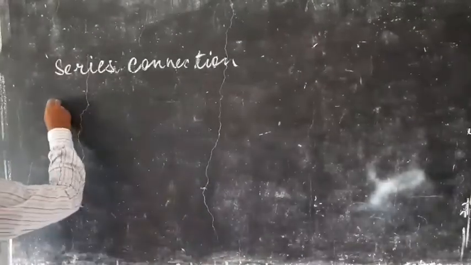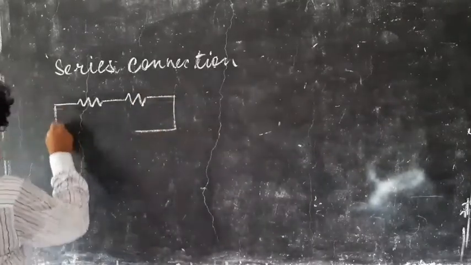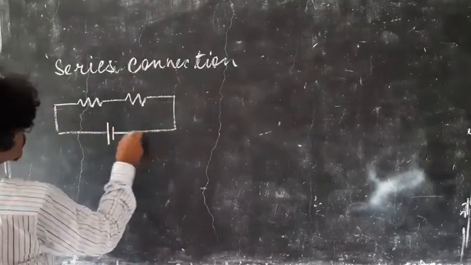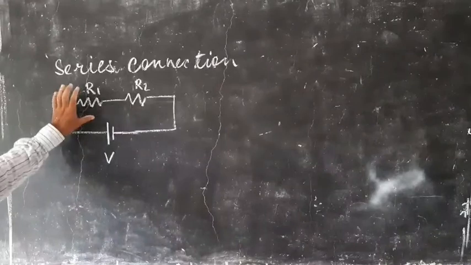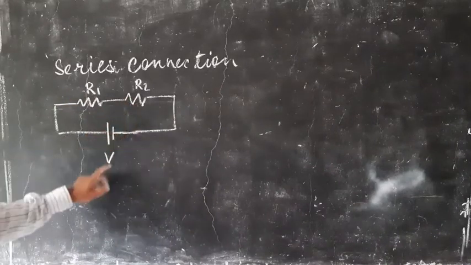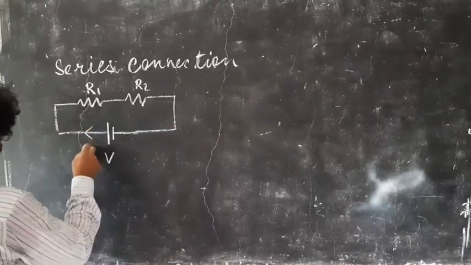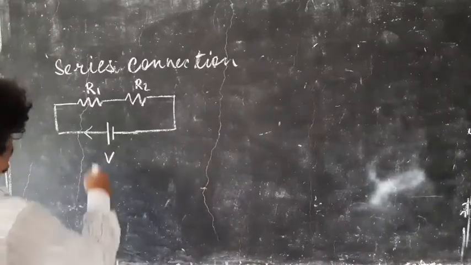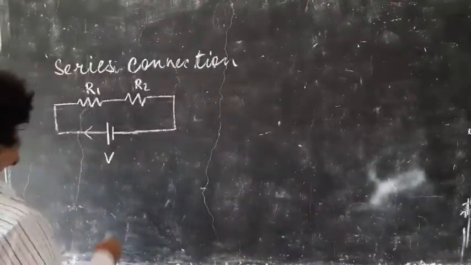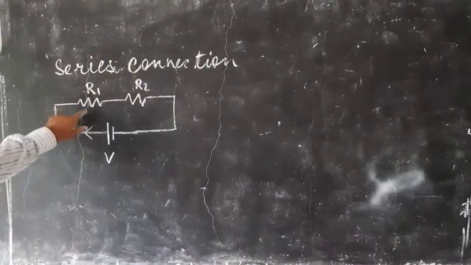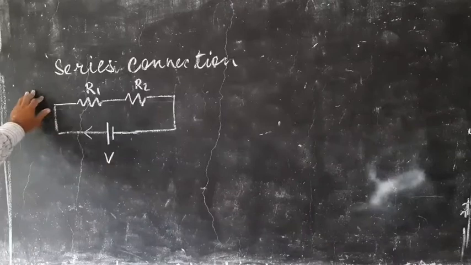Let us see how you can find the net resistance of the series. There are two resistances, R1 and R2, connected to a battery B. Now if you apply Ohm's law, V equal to IR, you will notice that the same current will flow through R1 and R2, because in this circuit there is no other branch.